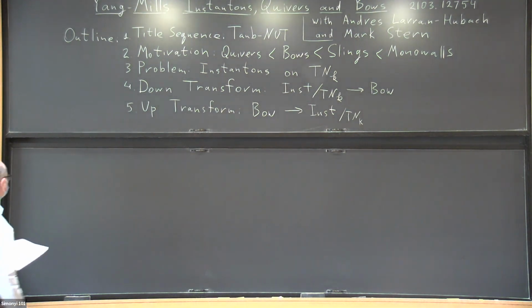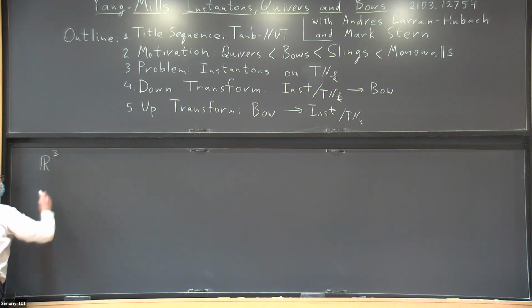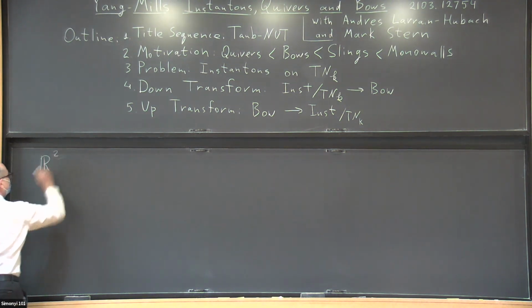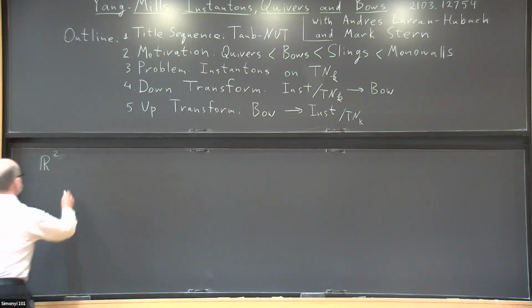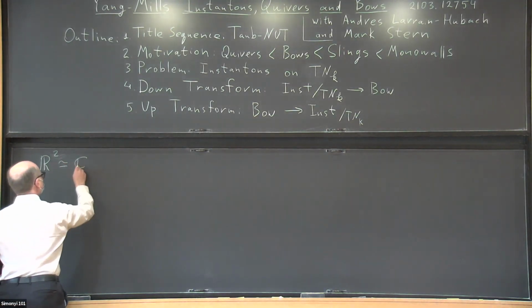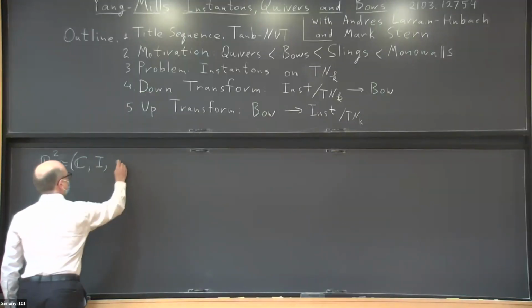As a warm-up, let us consider Euclidean R2, and I want to think of this R2 as the complex plane. It has a complex structure, and it has a Euclidean metric.